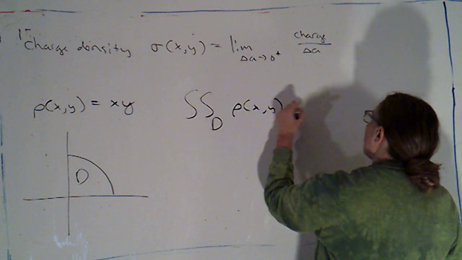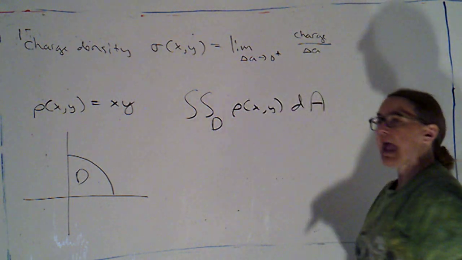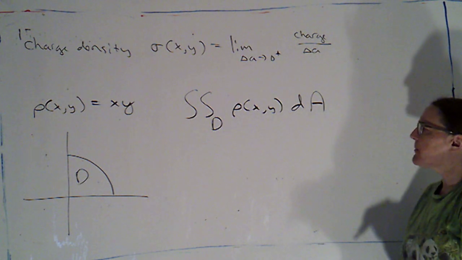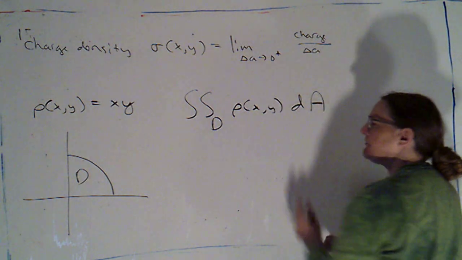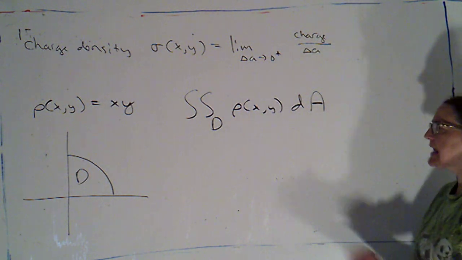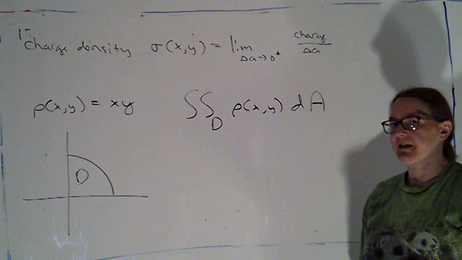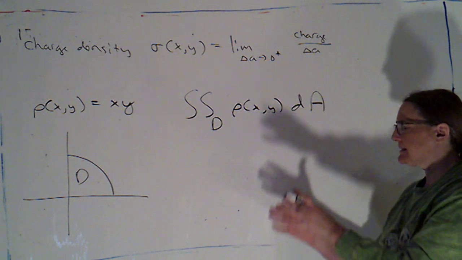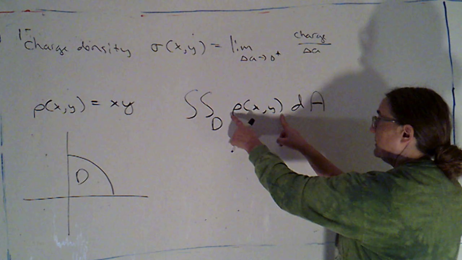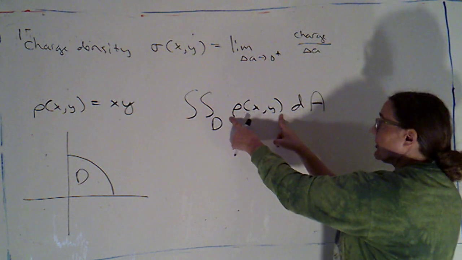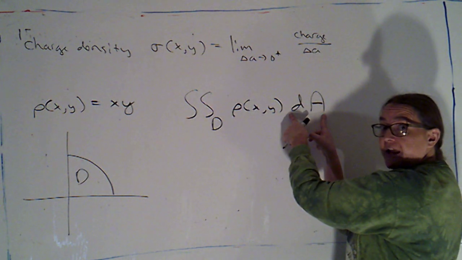If I were to integrate over D rho of xy dA, think about what that means. Anytime I want to figure out what an integral means, I'm going to remember that we got this by looking at a Riemann sum, where we were multiplying a representative value of this function by a small change in area.